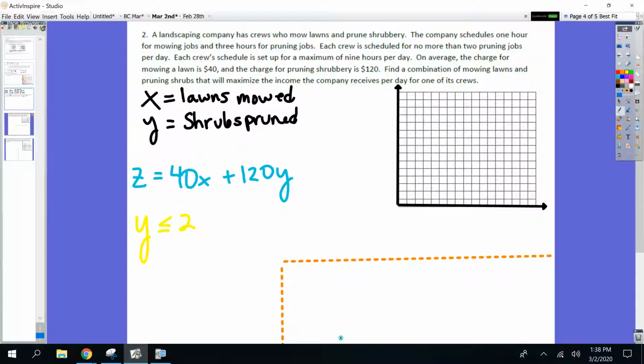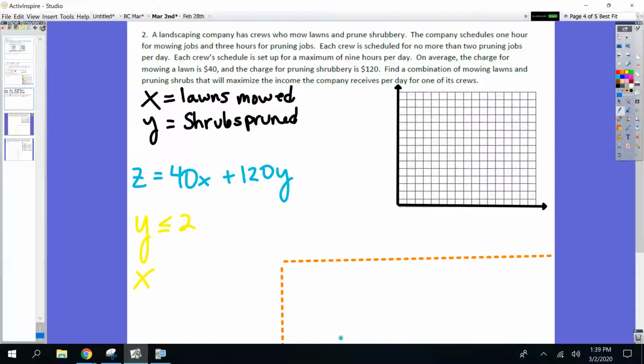You can only work a max of 9 hours a day. But again, I know you guys are going to just go X plus Y here on me, but it takes different amounts of time here, right? Time should stay together here. So how much for a mow job? How many hours?